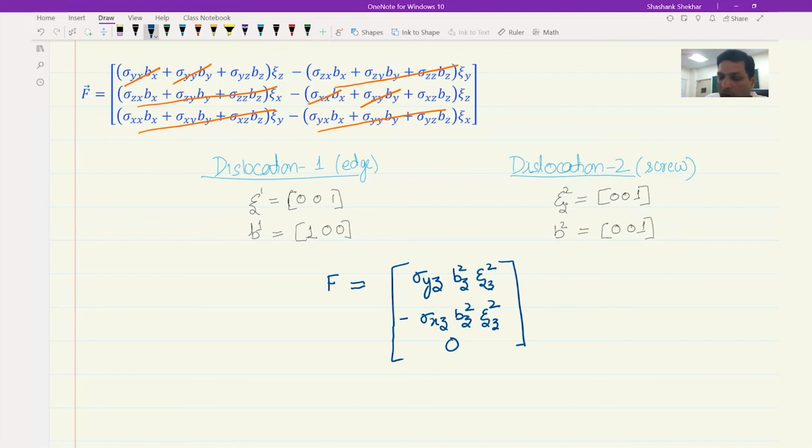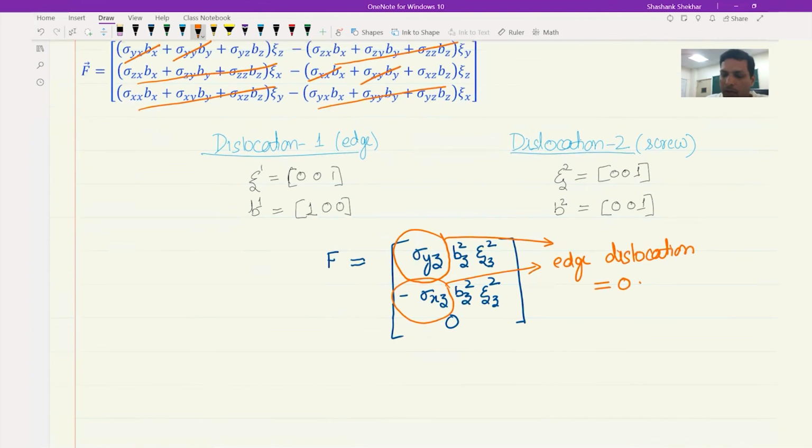Okay, then let's try to find out what would be the sigma Yz. Now remember, this sigma Yz is because of edge dislocation. Sigma Xz is because of edge dislocation. But for an edge dislocation, Xz and Yz and Zx and Zy are non-existent quantities, meaning they are 0.